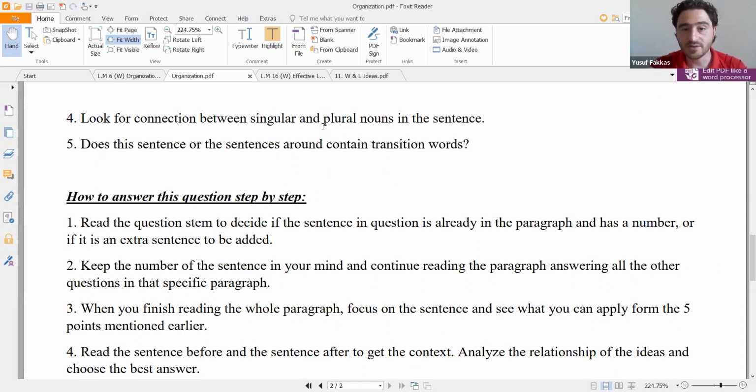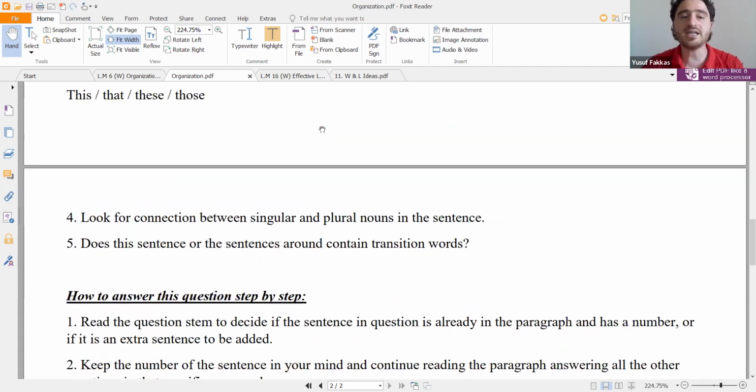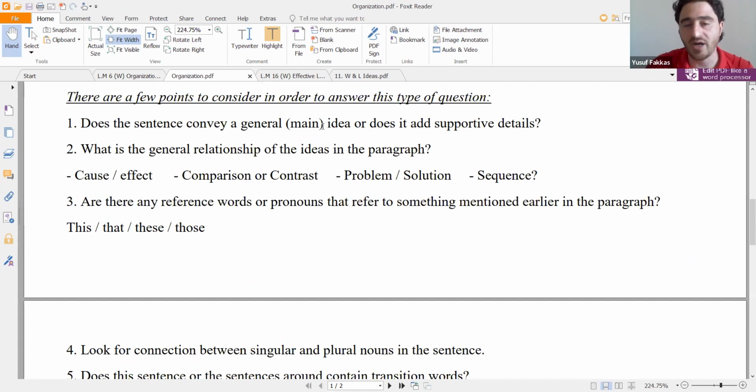And the last part here, step or the key number 5, is the transitional words. Of course, if there are transitional words in the paragraph, that will also help me to understand the relationship of ideas. Okay, so look for these things when you are reading the paragraph.